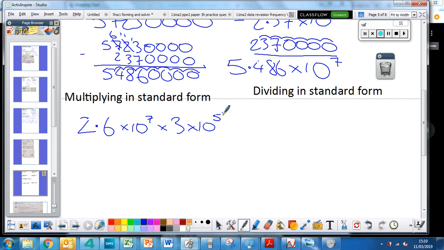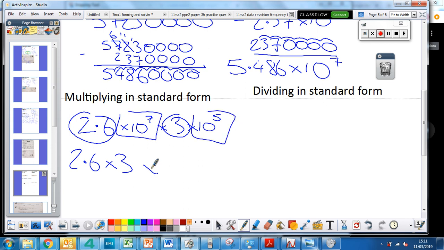Take your A bits at the start, so we'll have 2.6 times 3, and then take your powers second, times 10 to the 7 times 10 to the 5. Then we can do the multiplications in two parts. 2.6 times 3, that's 7.8. 10 to the 7, 10 to the 5 becomes 10 to the power 12, and done.